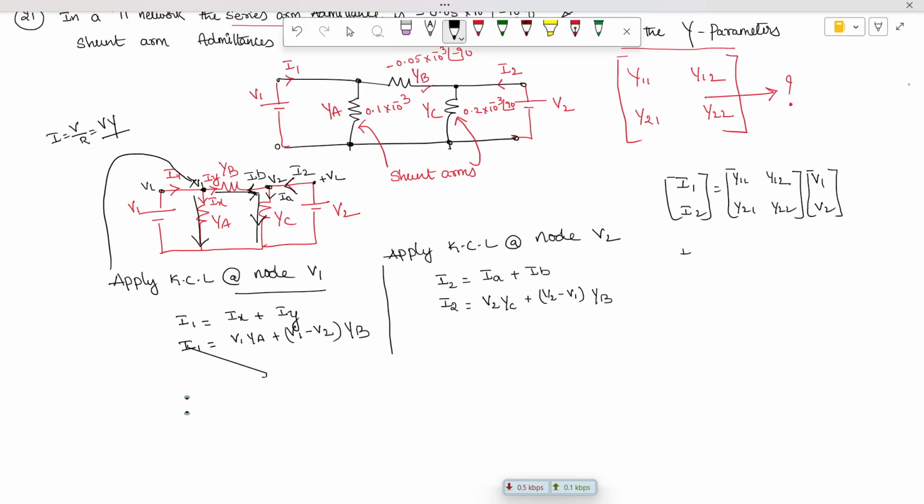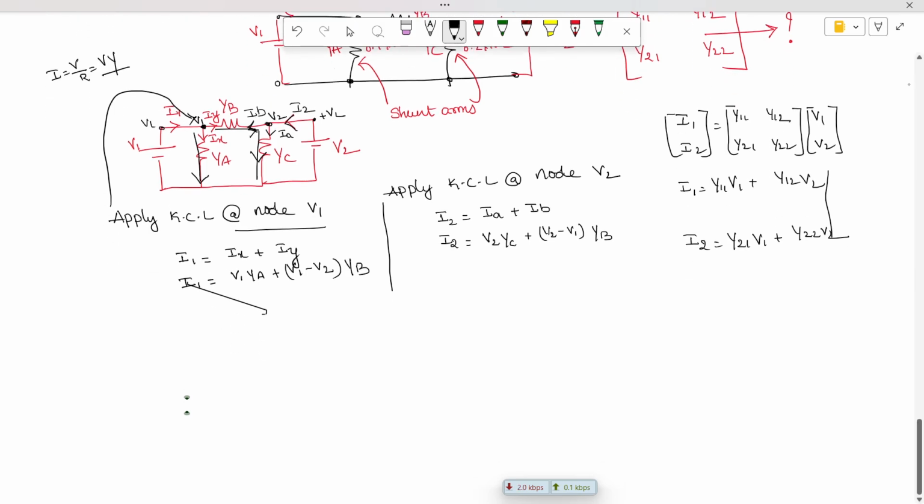Therefore, the equations are: I1 is equal to Y11 V1 plus Y12 V2 is one equation. The second equation is I2 is equal to Y21 V1 plus Y22 V2. Now compare with this equation; we require this format.